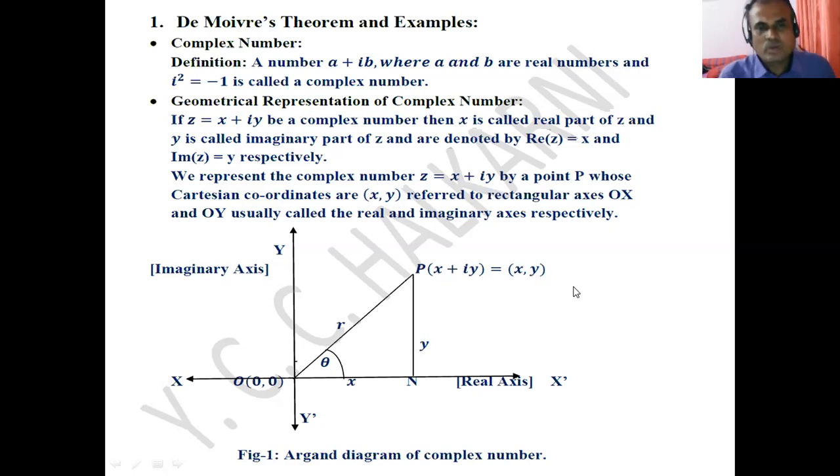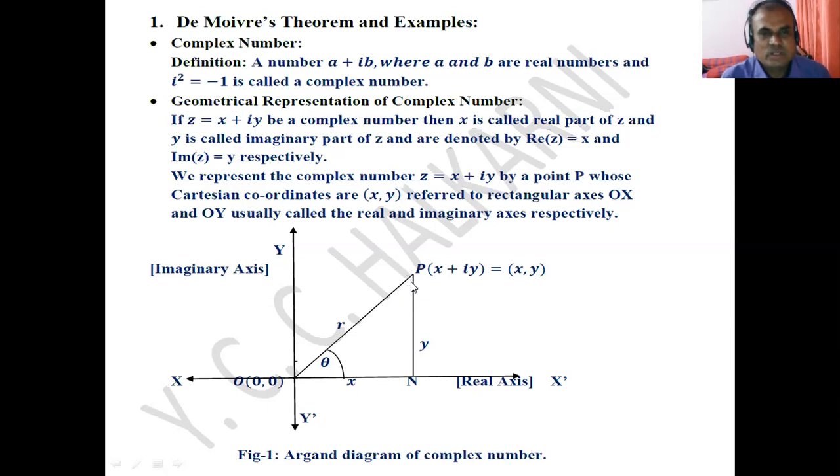Now we represent this point on the complex plane. Here, the x value, meaning the real part, is the distance from the y-axis to the point P. Here this is origin O of 0, 0, and from O to N is along the x-axis.